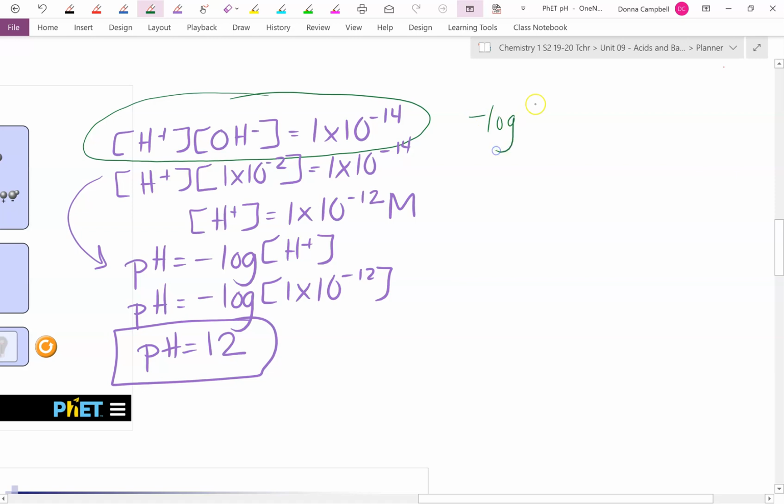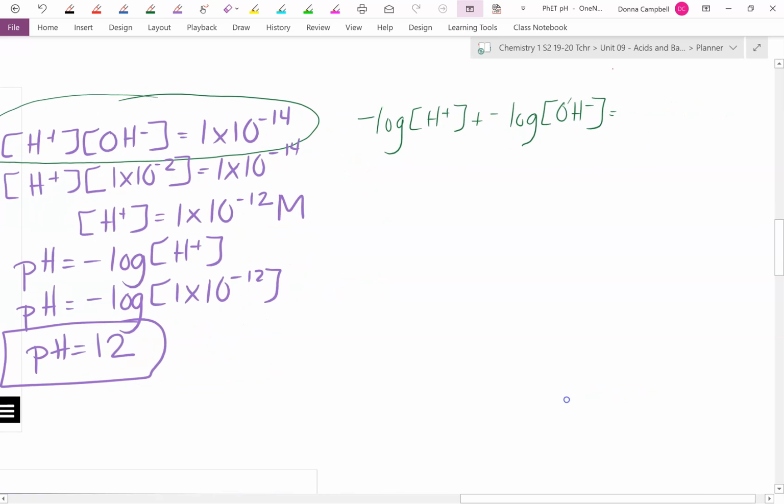Negative log of H pluses plus the negative log of OH minuses equals, if I take the negative log of 1 times 10 to the negative 14, I get 14. Well, negative log has a quick abbreviation, right? P. pH plus POH equals 14.